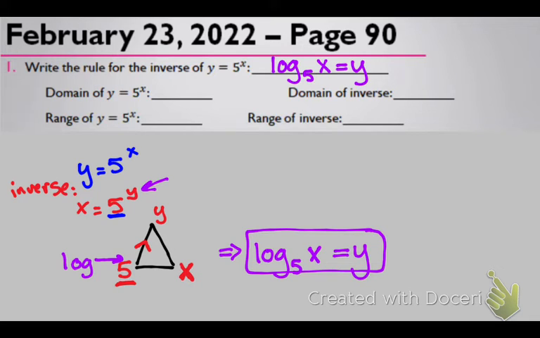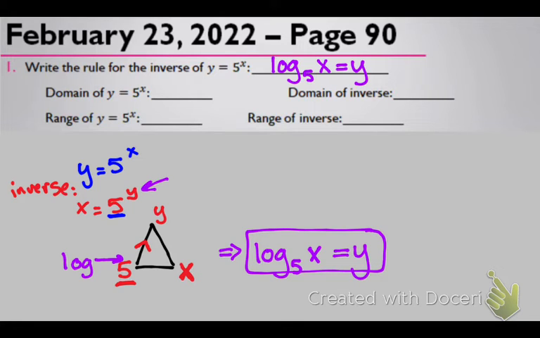The next part of the question asks us the domain and range of our first function, y equals 5 to the x power. What is the domain of an exponential function? It is negative infinity to infinity.